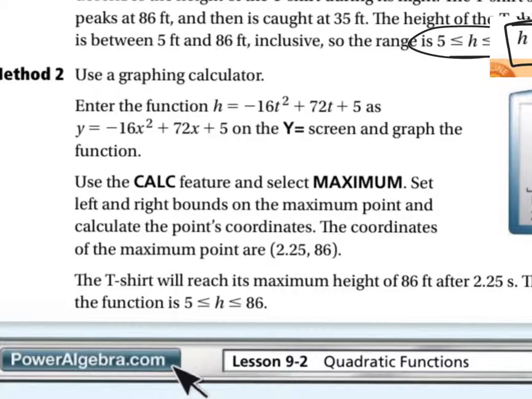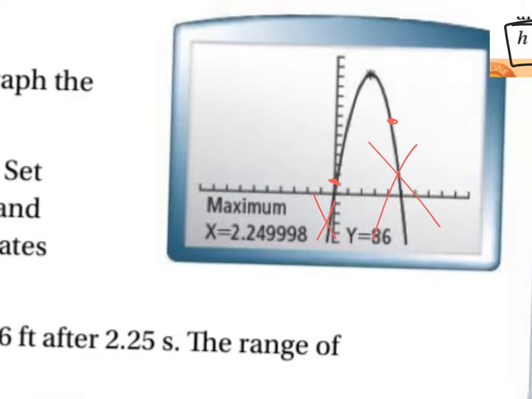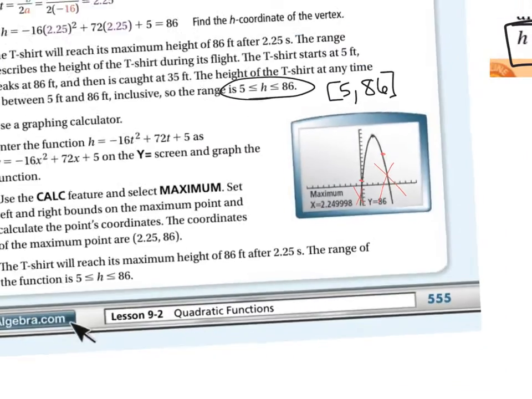Right bound, make sure you're to the right of that maximum point, hit enter. Then it'll ask if you want to guess, and you hit enter again. Then it gives you that value like it shows on the screen here. I can go through that with you. I can find a video online where somebody's explaining that. I don't know that I can import my calculator program into this app, so we'll do that separately if needed.